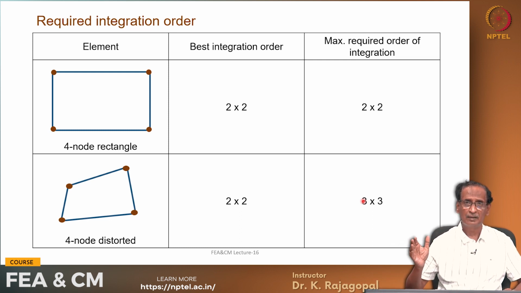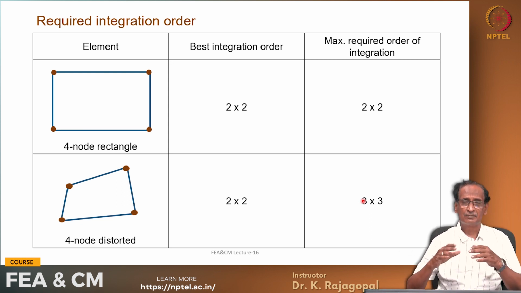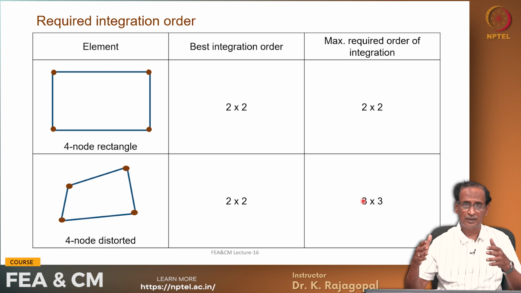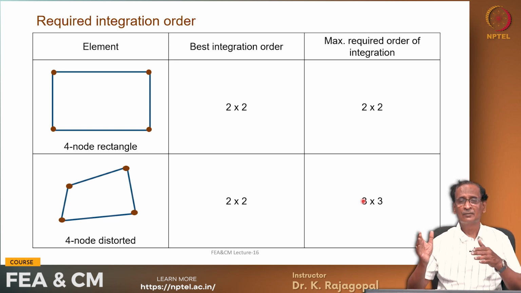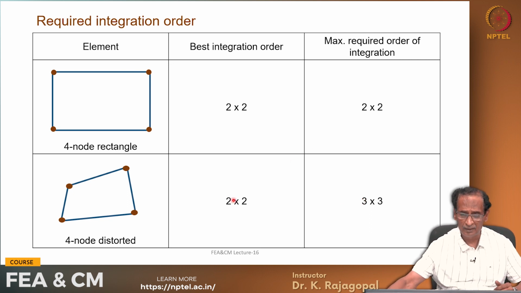Actually, the difference between these two is, theoretically you may require 3 points in each direction for exact integration of the quantities for estimating the stiffness matrix, but when we are evaluating the stiffness of the continuum, since we are considering only a finite number of degrees of freedom, we are overestimating the stiffness, and to partially compensate for that we use a lower order of integration.